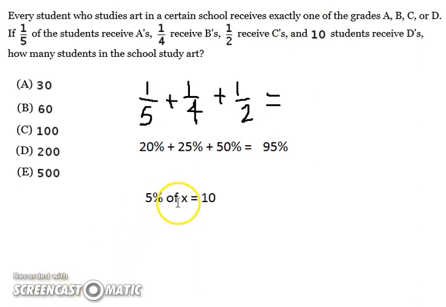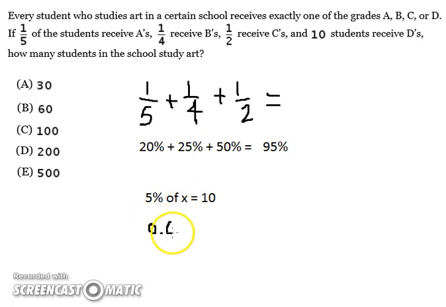So 5% of total students equals 10. And when you have a percentage of something, you multiply. And when you multiply percentages times something, you have to convert that to decimals.